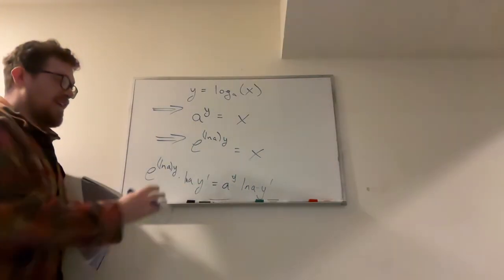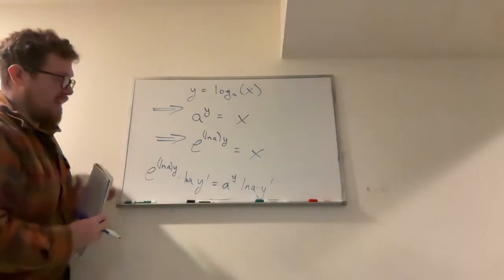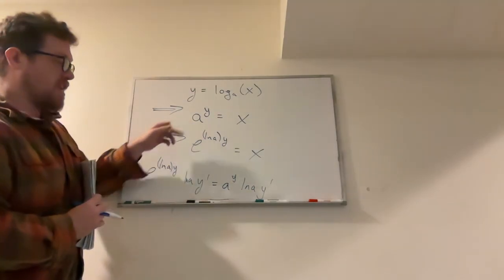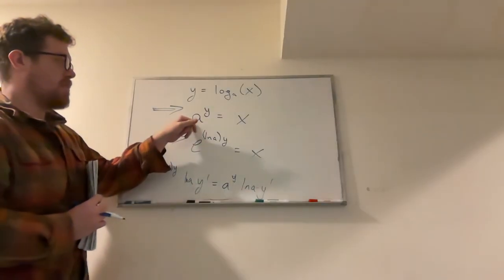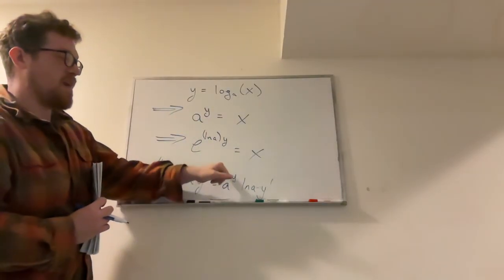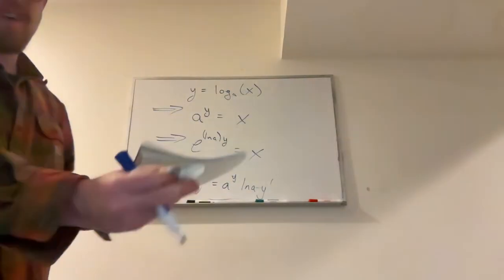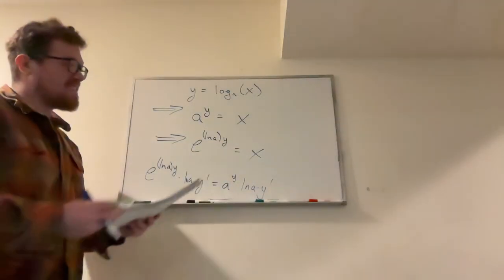So basically, I'm going to erase this in a second, but this is how you derive the derivative of a to the y. You use the chain rule, and you also use the fact that the derivative of a to the x is a to the x log a. Or you could just look in your book and see, oh, that's the derivative of a to the x, and you can just use that.